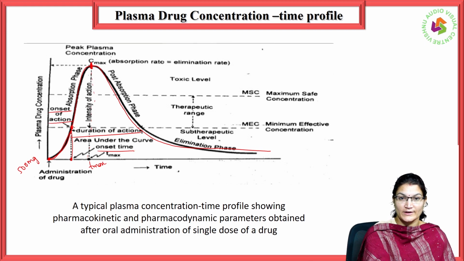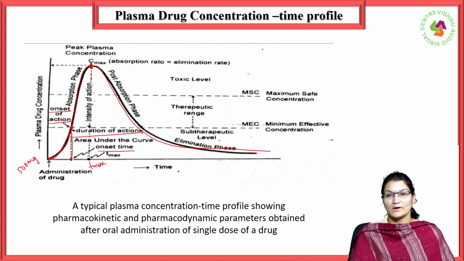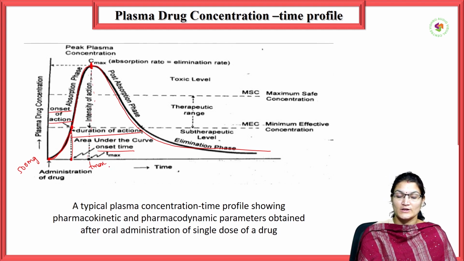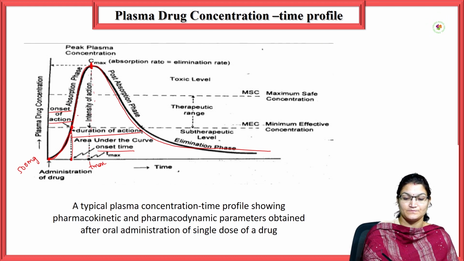For example, if I have taken a painkiller and it decreases the pain within 1 hour, then you consider that 1 hour as onset time. Okay, onset time. And the concentration is nothing but onset of action.